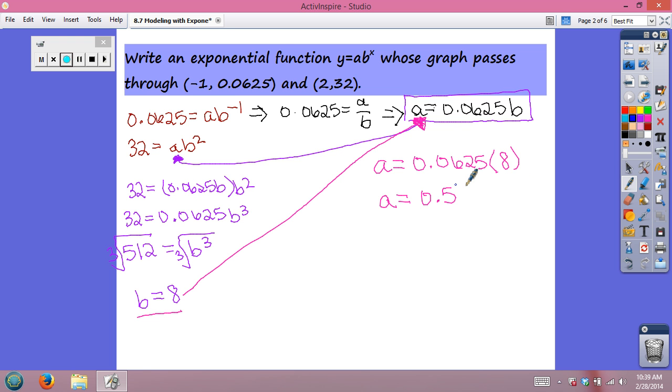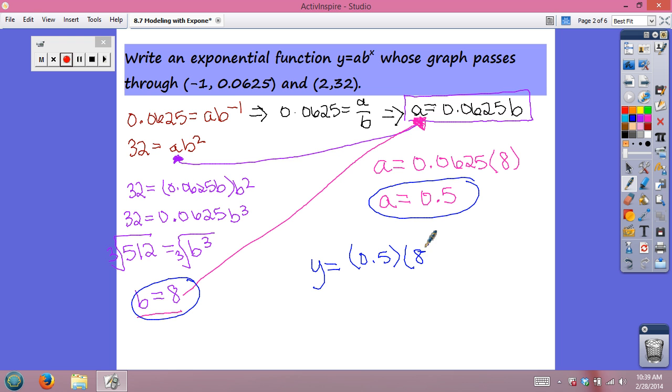And now we have found what our a equals, we have found what our b equals, so we're ready to make our exponential function. So we have y is equal to a, which is 0.5, times b, which is 8, to the x power. And that's our exponential function.